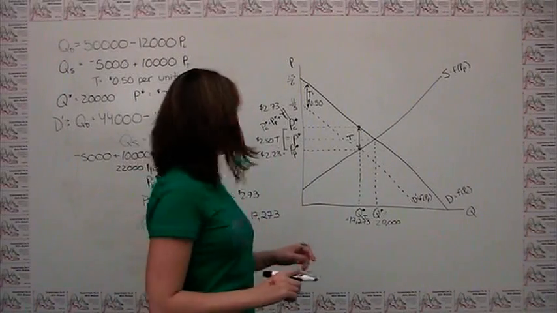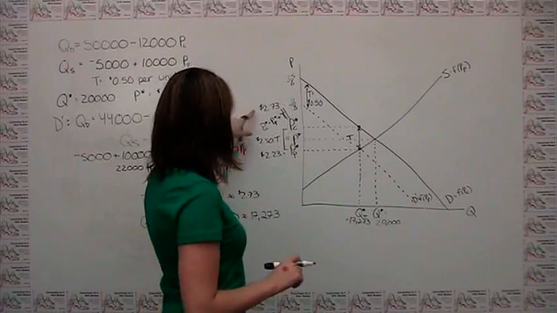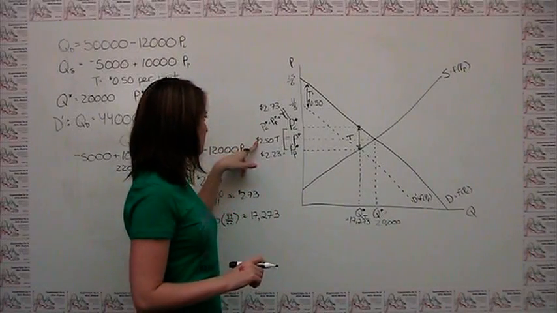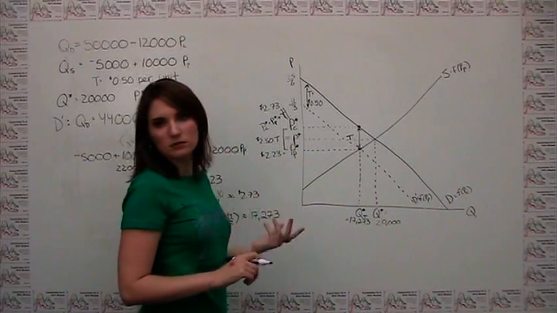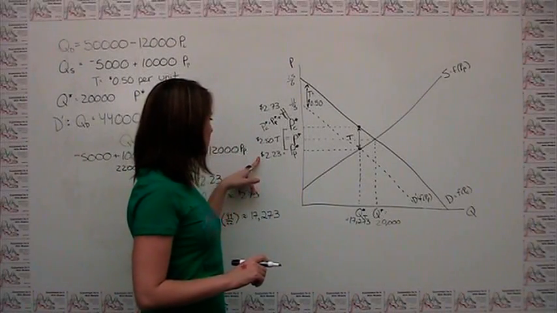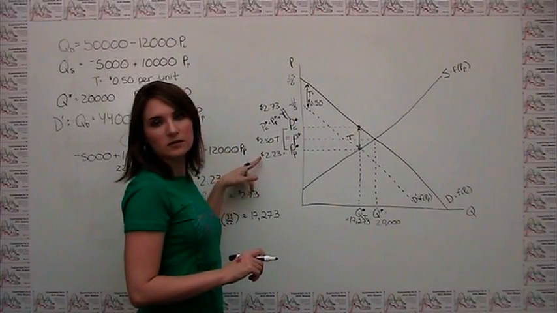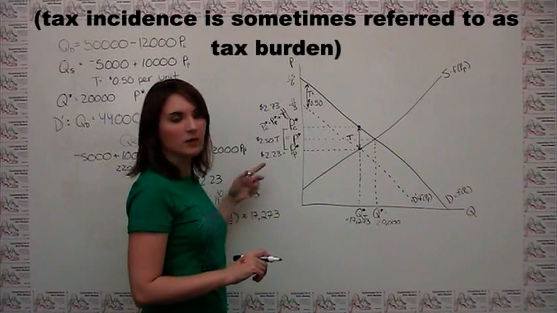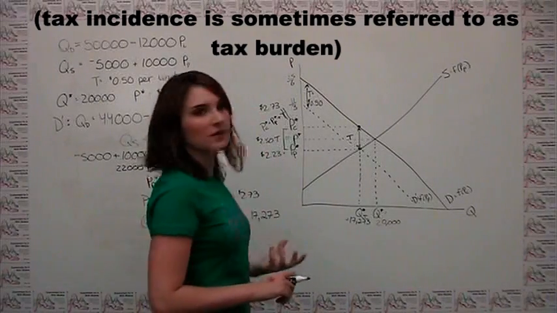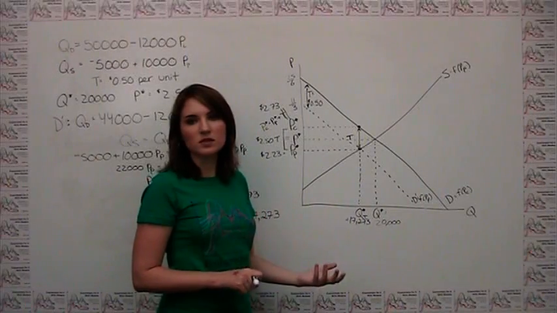So again, we can come back and say that the tax incidence on the consumer is equal to 273 minus 250, or 23 cents. And the tax incidence on the producer is equal to 250 minus 223, or 27 cents. This is exactly the same thing that we got as when we put the tax on producers.